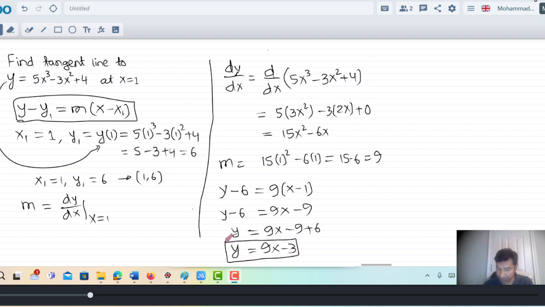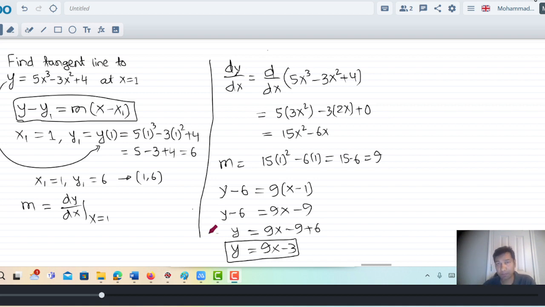Now let's do some optimization problems. Before going to the optimization problem, we can review this problem. Our basic terminologies are here: the slope and the coordinates of the given point.